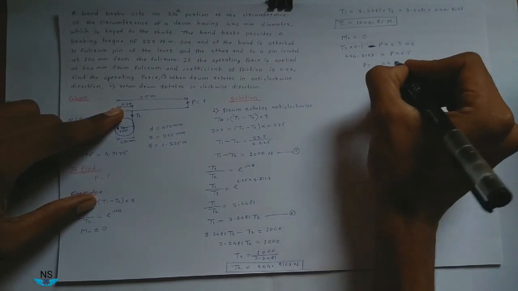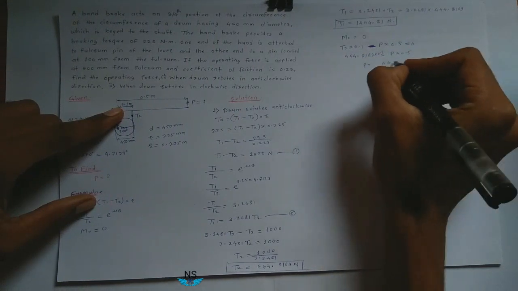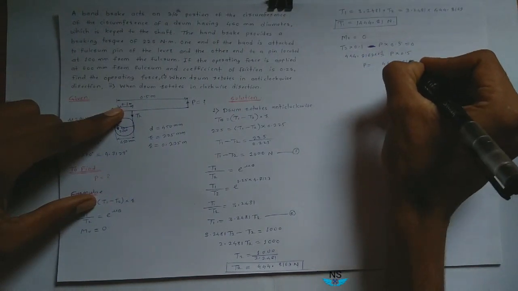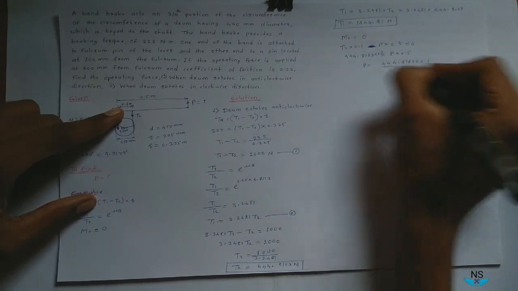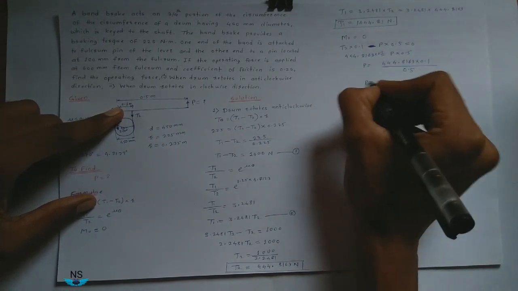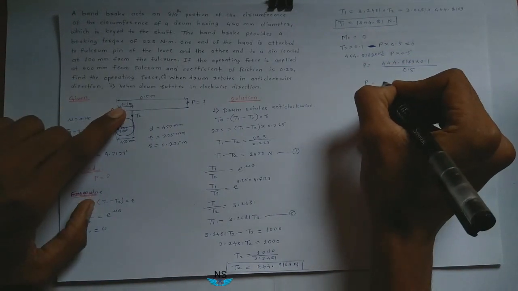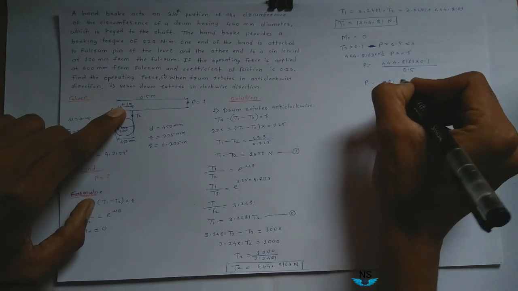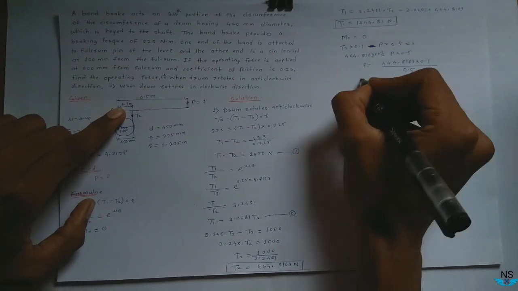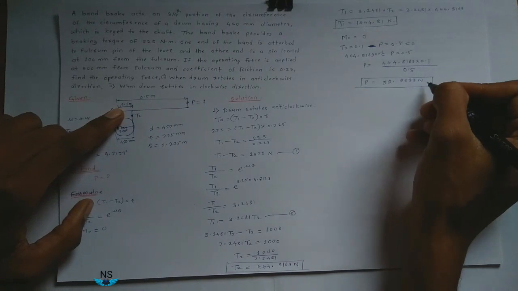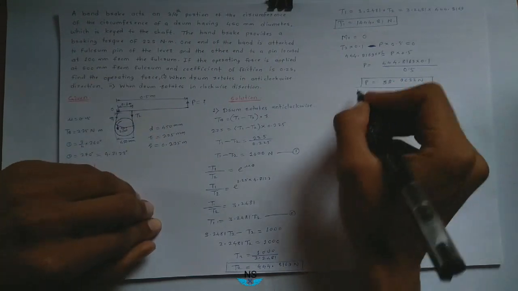So P is equal to 444.8169 into 0.1 divided by 0.5. So P becomes, for this case, 88.9633 Newton. This much effort is required to operate this brake.